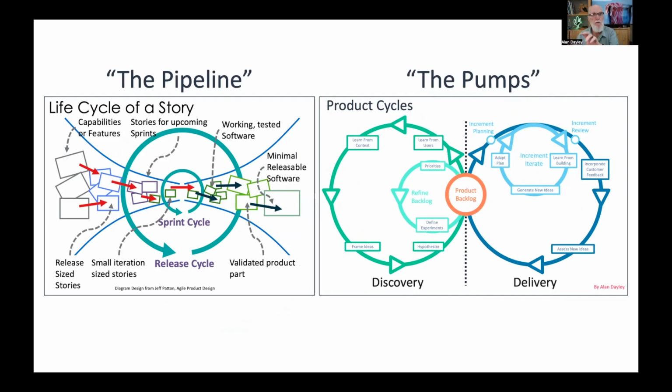We're looking for flow of value, so these pumps of the product cycles, delivery and discovery, keep that pipeline full. As you're working both in delivery and discovery, product people and technology people working together in these cycles, that's how you're constantly keeping your pipeline going and delivering value to your users.